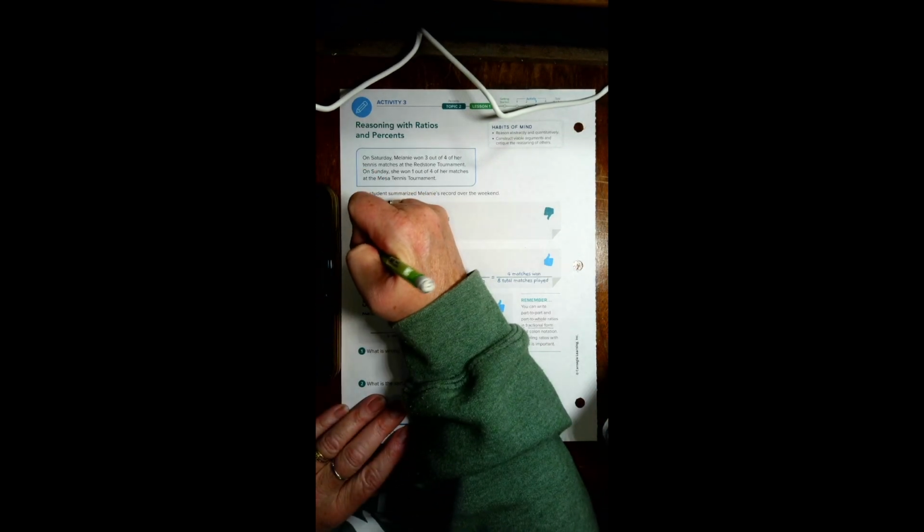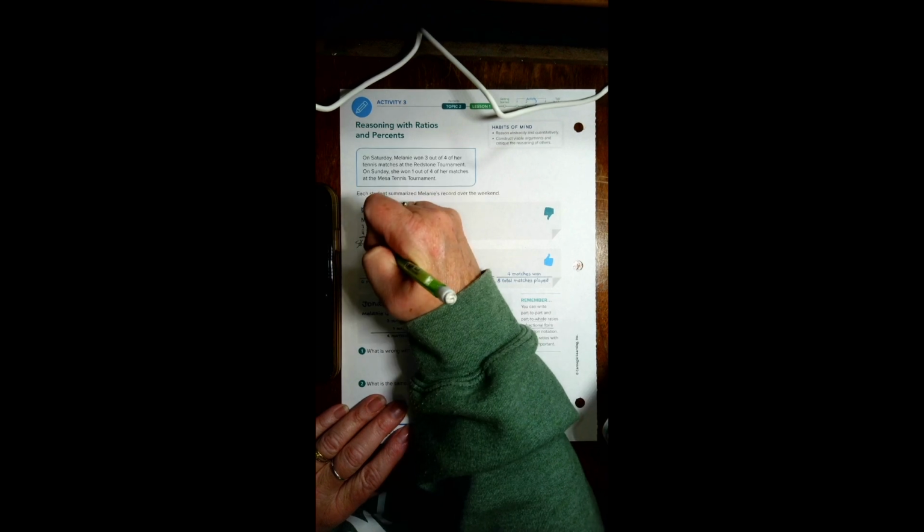It's still a ratio. So this is a part to whole ratio for each day. So this is her Saturday matches plus her Sunday matches of the 1/4. So he added the numerators using 4 as a common denominator.